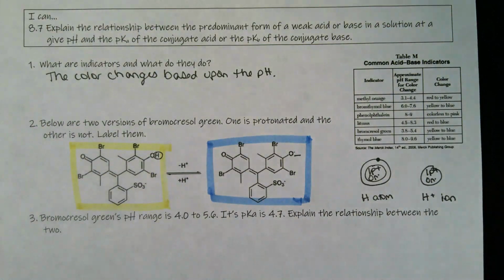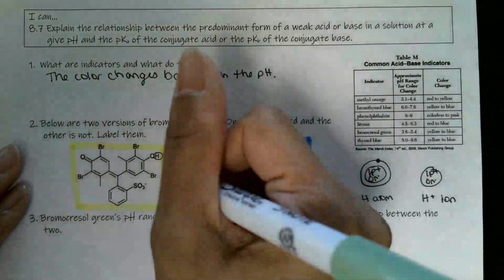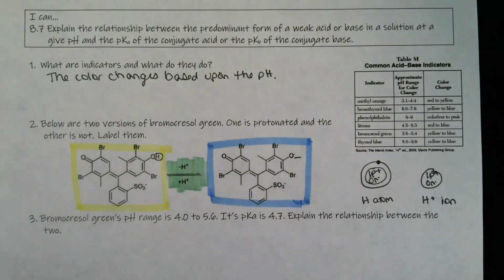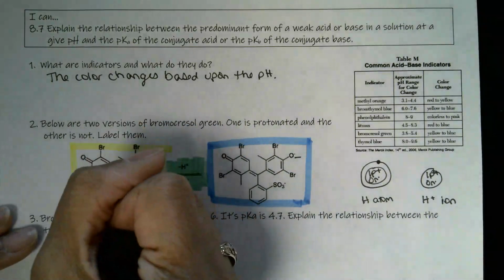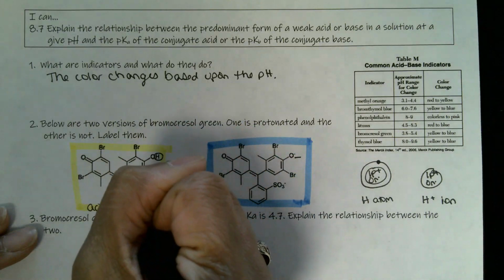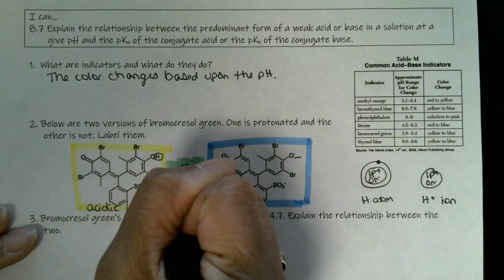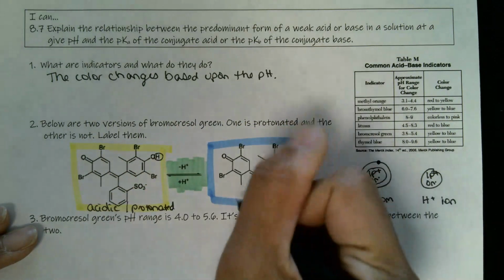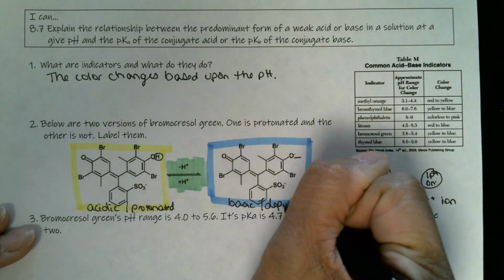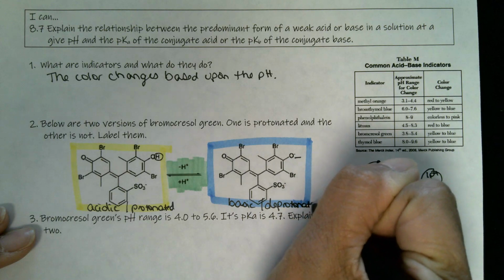The in-between, between yellow and blue, is green. So this one is the acidic or protonated version, and this one is the basic or deprotonated version.